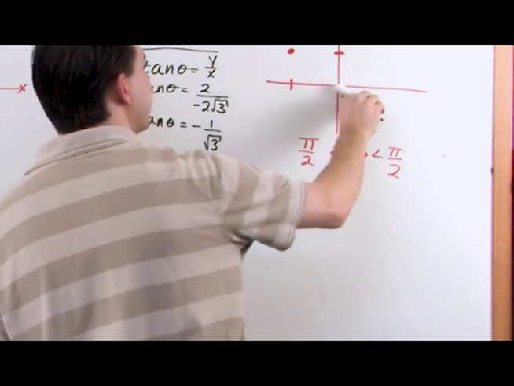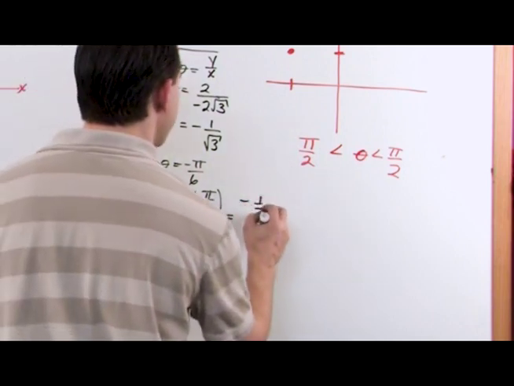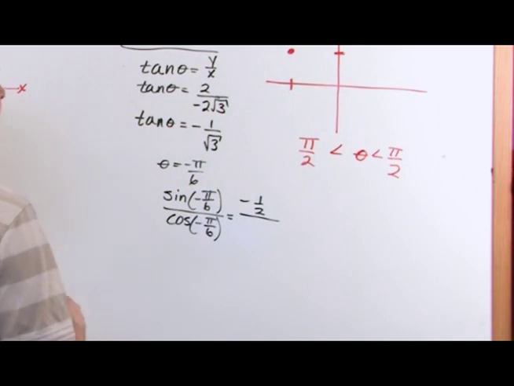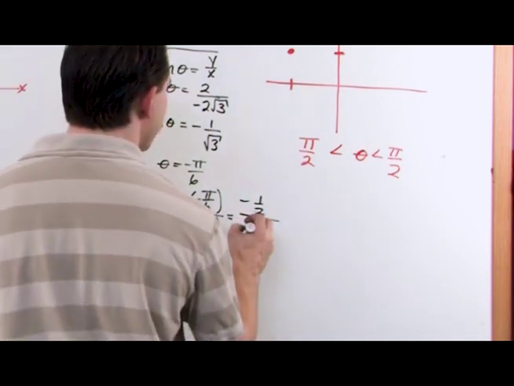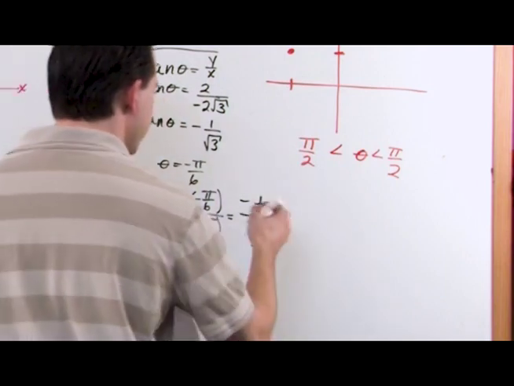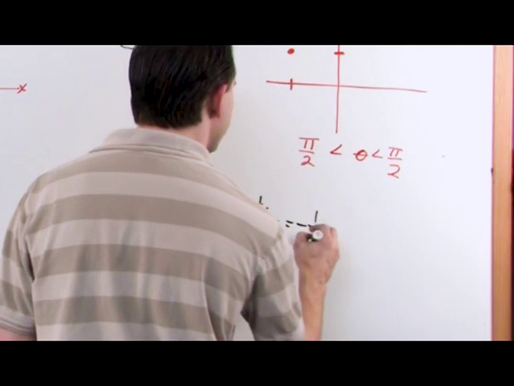Sine of negative pi over 6, we already did this before, is negative 1/2. Cosine of negative pi over 6, like cosine of negative 30 degrees, is positive square root of 3 over 2. Okay, and we get excited here because we see the 2's cancel, and this is going to equal negative 1 over square root of 3.